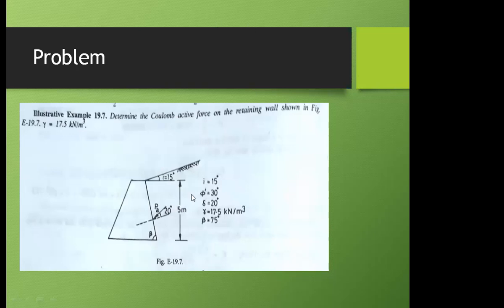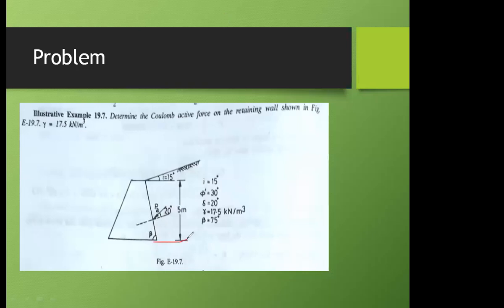And one more point you need to understand here. You have calculated the magnitude, so you need to understand where it lies, where it exists. The Pa always exists from the base. See here, the reference is the base.